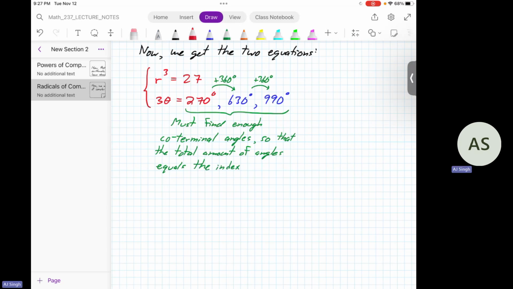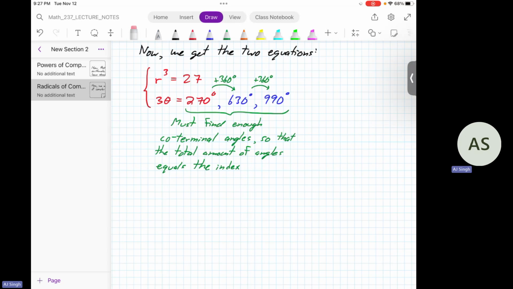And in this case, because we're trying to find cube roots, the index is 3. So we need 3 angles in total. And we have them, okay? Hopefully that makes sense.